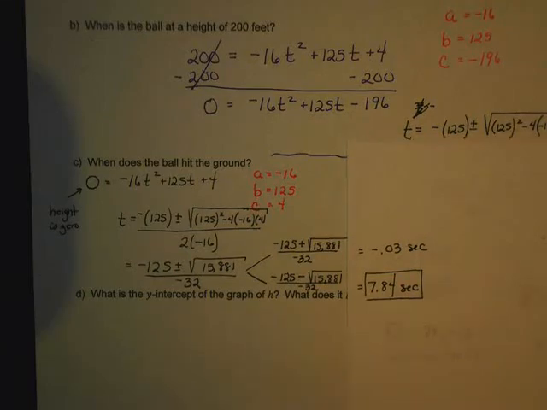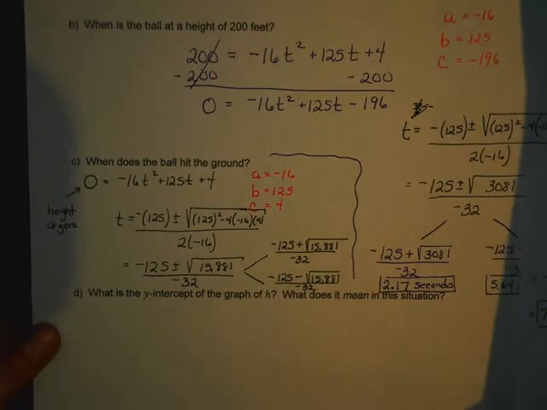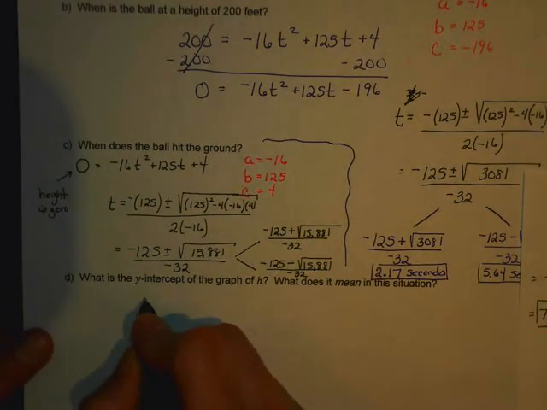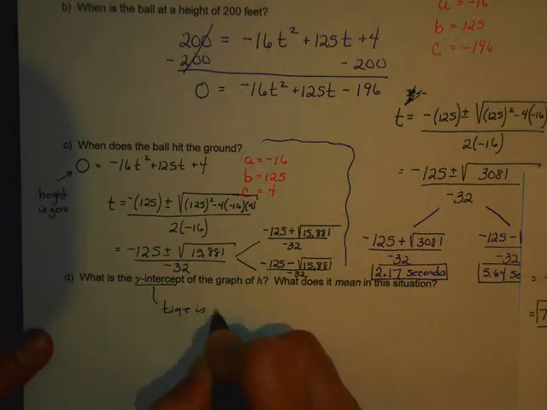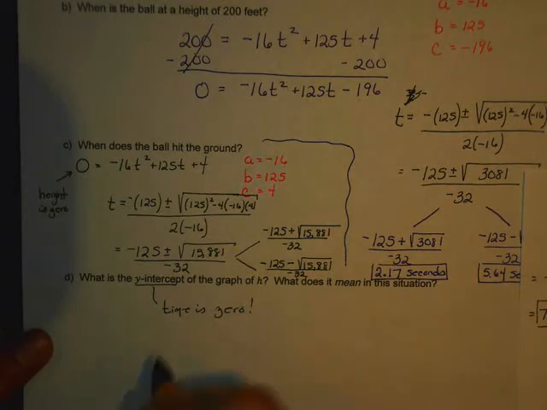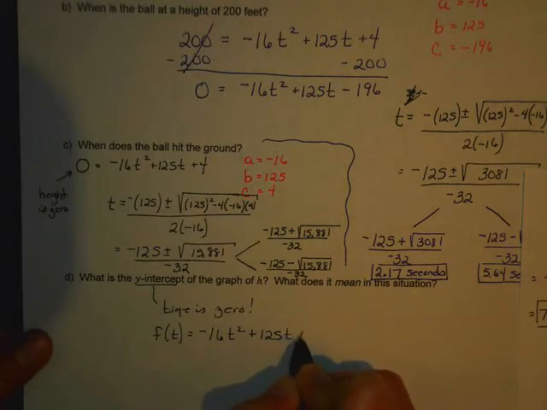And finally, the last little bit for this one. The y-intercept. Okay. The y-intercept is when the t equals 0. Remember, y-intercept means time is 0. Okay, so we'll have f of t equals, let me write out the problem again, negative 16t squared plus 125t plus 4.